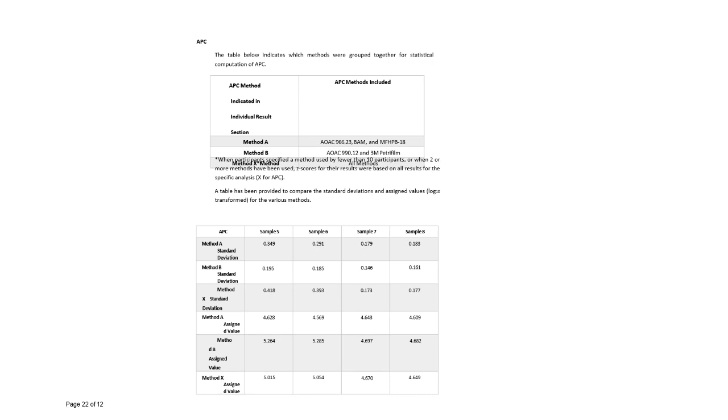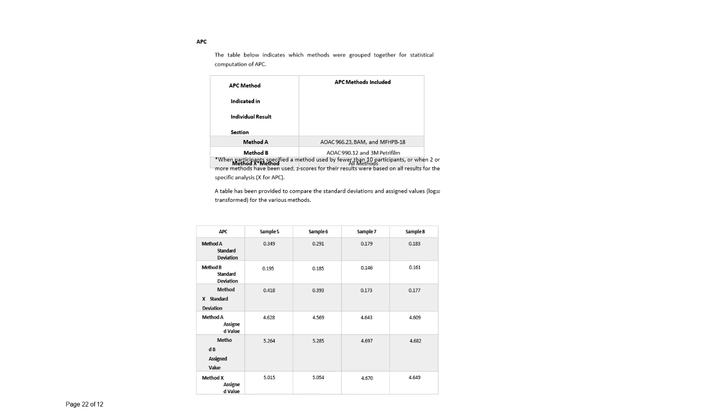of the quantitative data. It looks like things were rearranged when this was converted to a PowerPoint, but it still provides what the data would look like. We provide information on the assigned value and also the standard deviation from the various methods used.